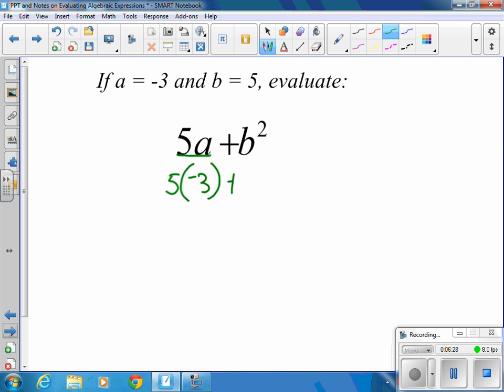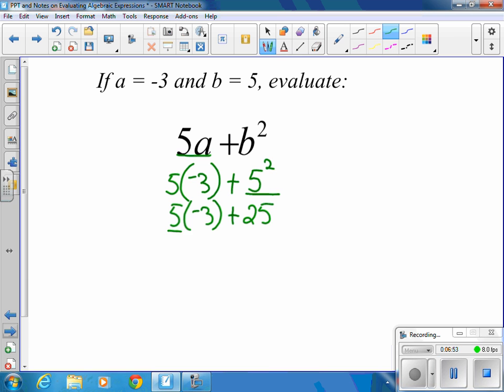I'm going to add to that B squared. Well, B is 5, but again, it's squared that we're talking about. So I'm going to follow my order of operations, which means I need to do my exponents first right here. And that means all this is the same. 5 minus 3 plus 5 squared is 25, because 5 times 5 is 25.